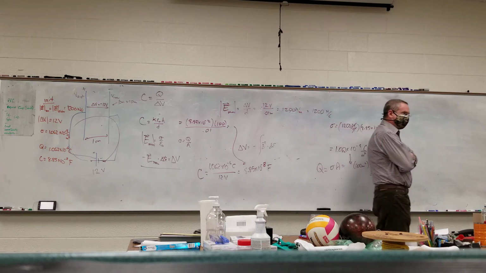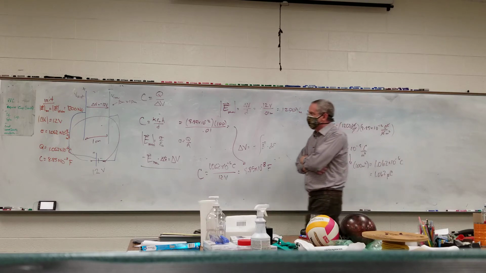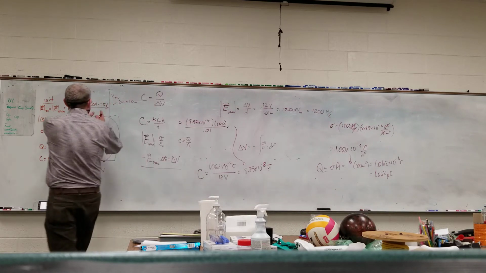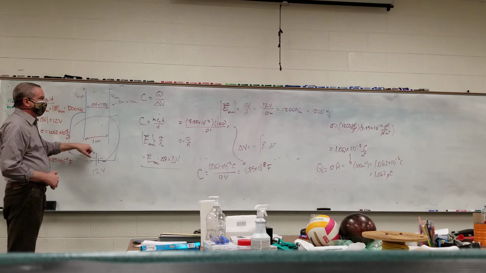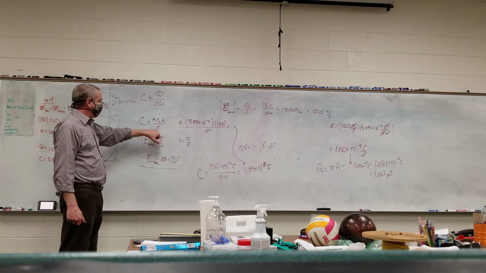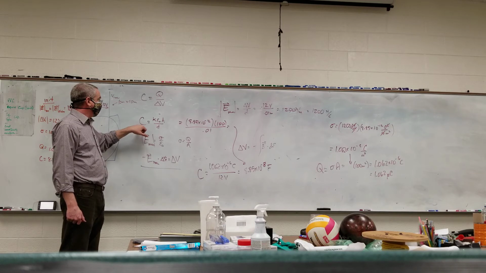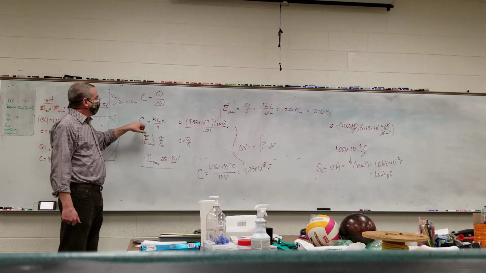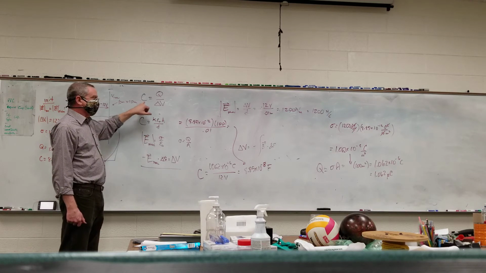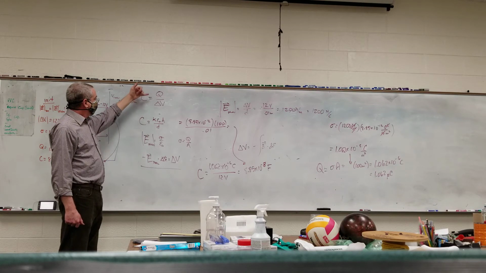When you double the distance. If I double the distance here, that would indeed affect D here, which would make capacitance twice as big. However, it would also, let's see, what else would that affect?